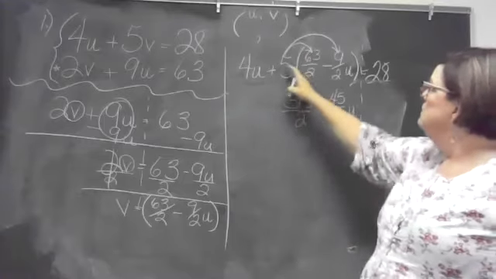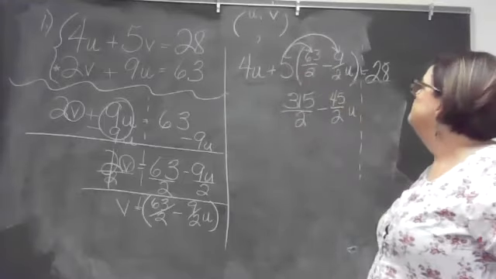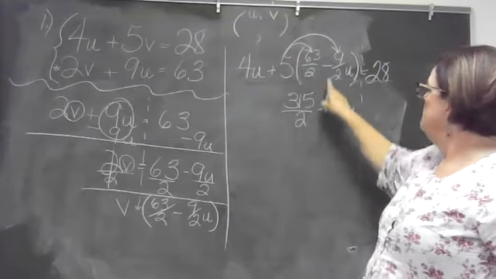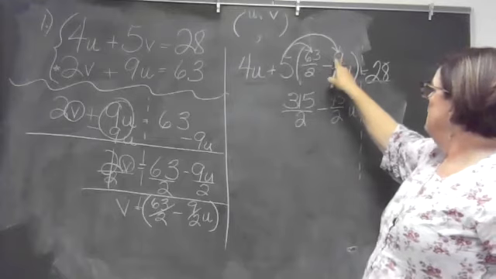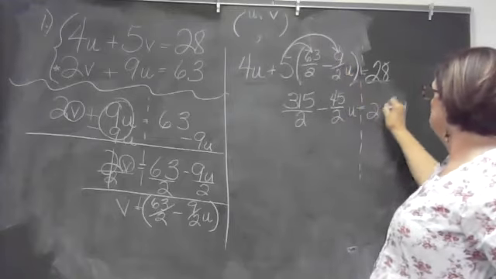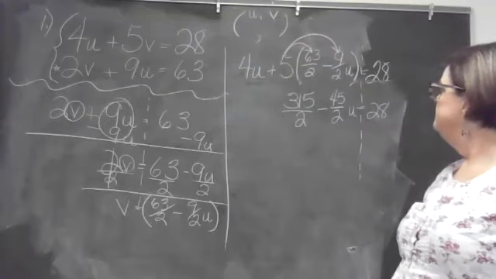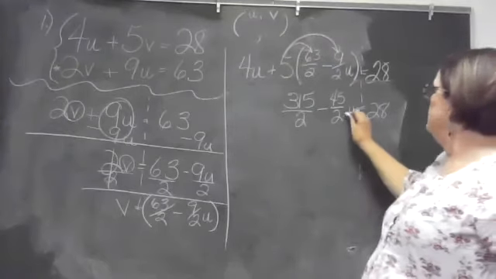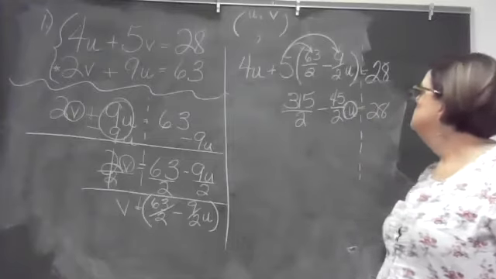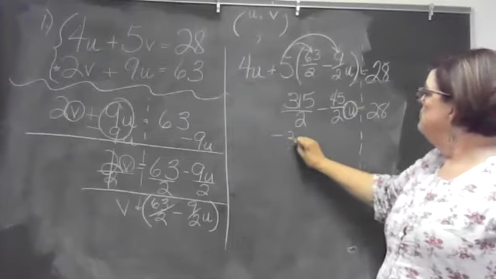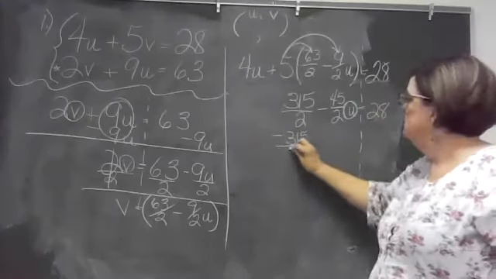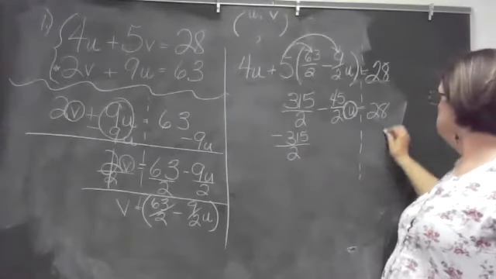Use your calculator. 5 times 63 is 315 over 2 minus 5 times 9 is 45 over 2 u equals 28. Okay, here's my u. Stay focused on what you're trying to solve for. So you're going to subtract this fraction.